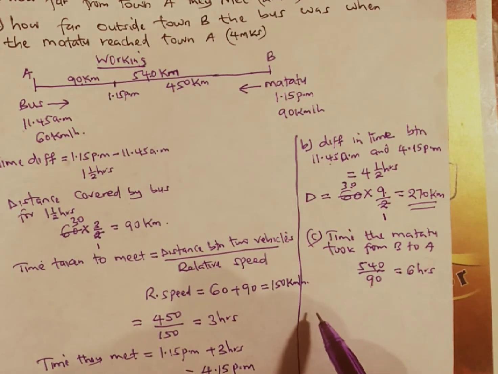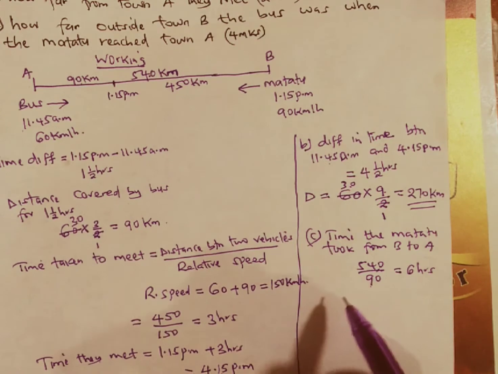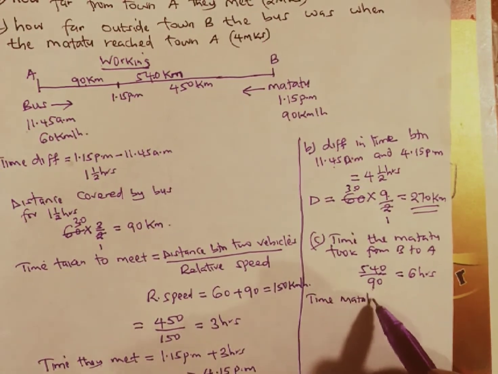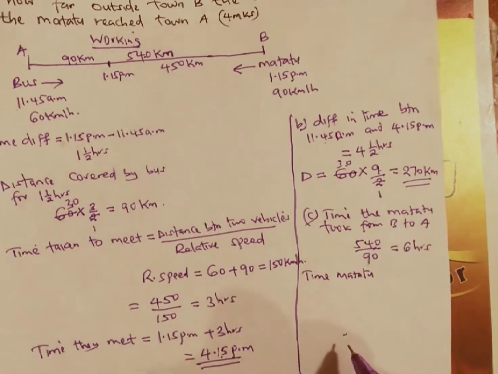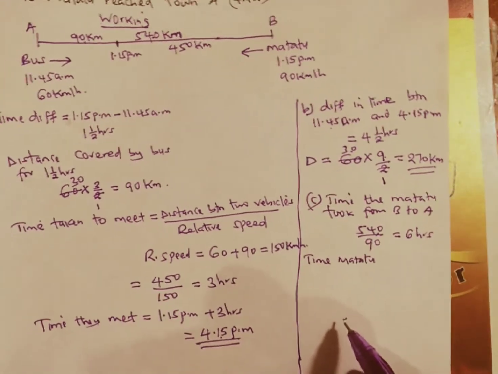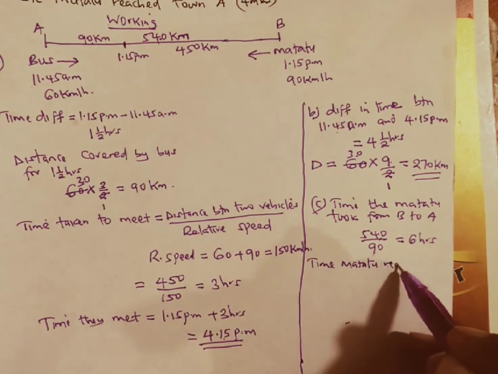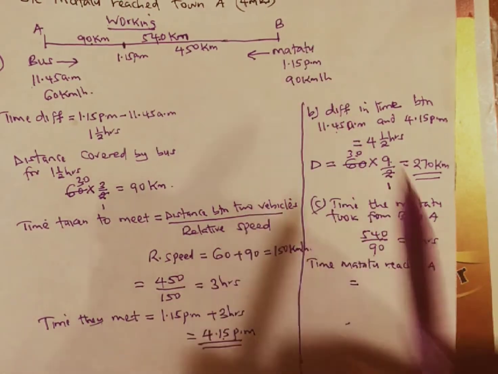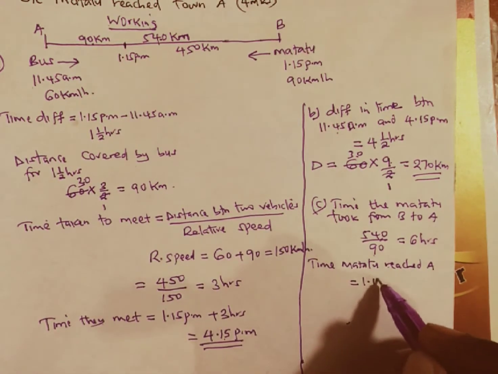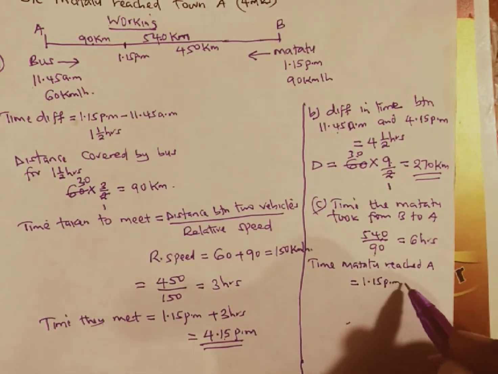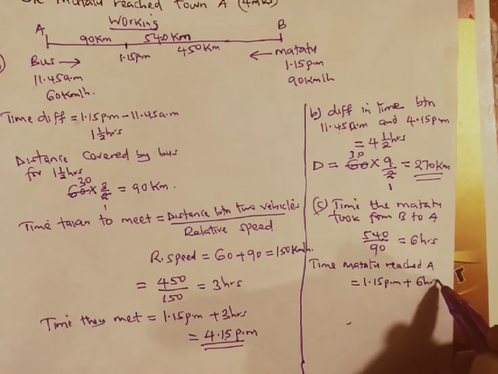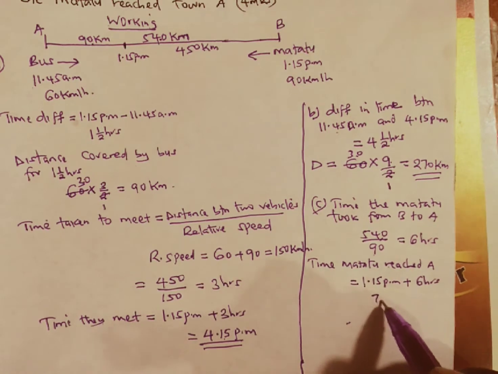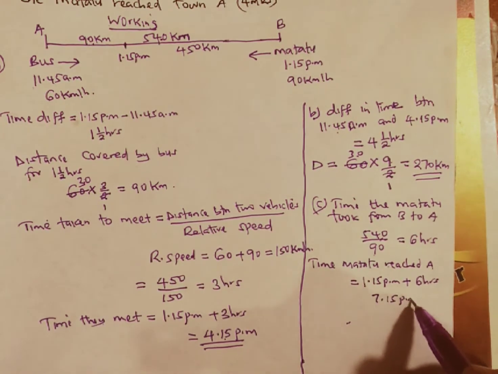And now we need to calculate the time the matatu reached A. The matatu started its journey at 1:15 p.m. and it took 6 hours along the way. So if you take 1:15 and add 6, you are going to get 7:15 p.m.